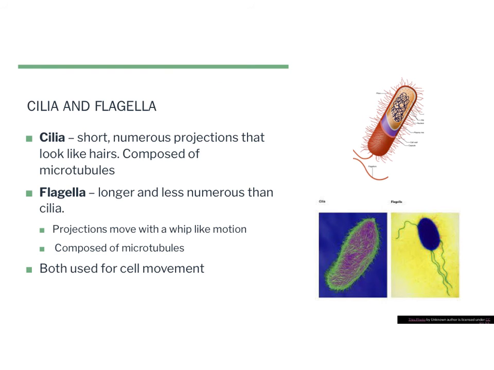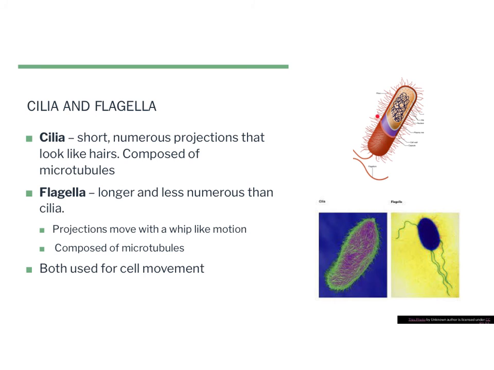The next two structures I want to talk about are called cilia and flagella. So both of these are going to be used for cell movement. Okay, so cilia are just short little projections that look like a lot of little hairs. These are going to be composed of microtubules.